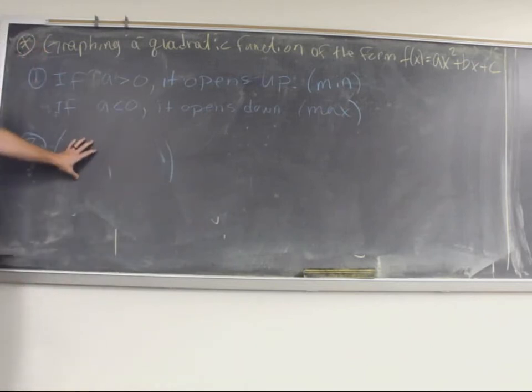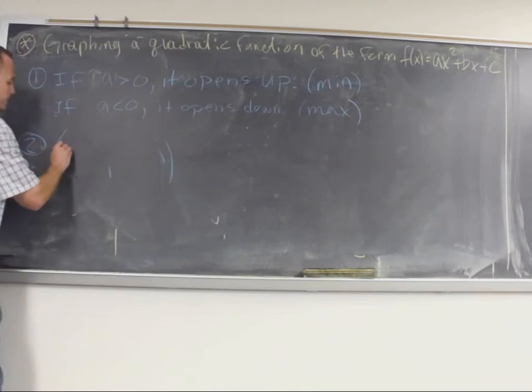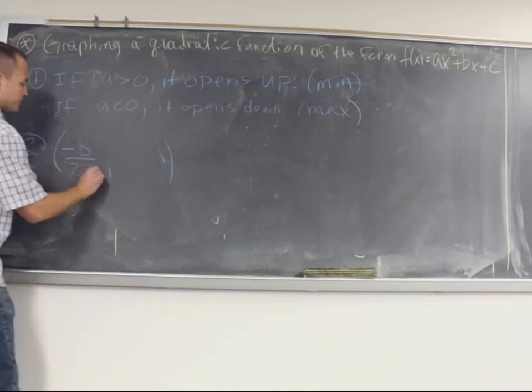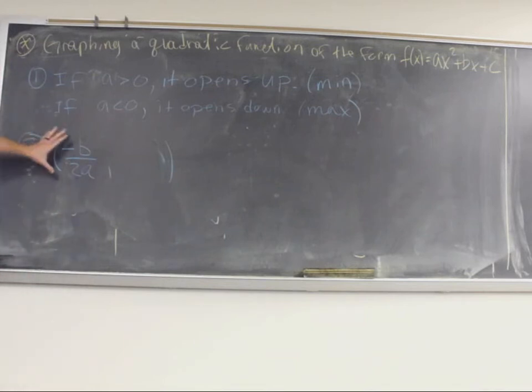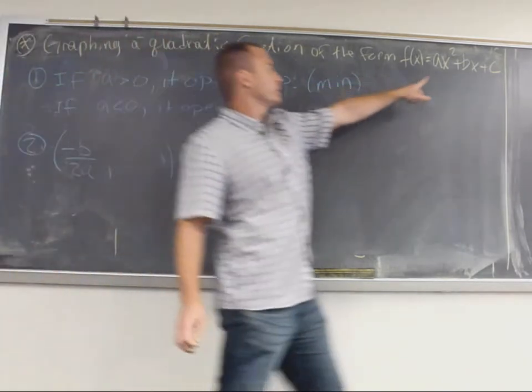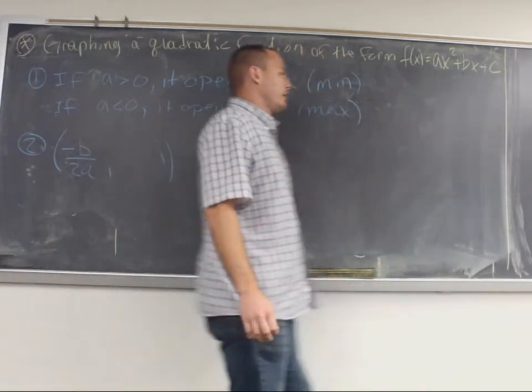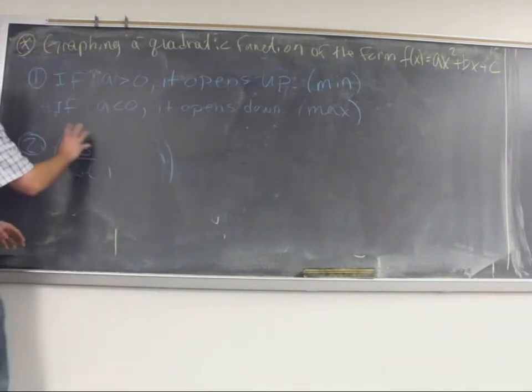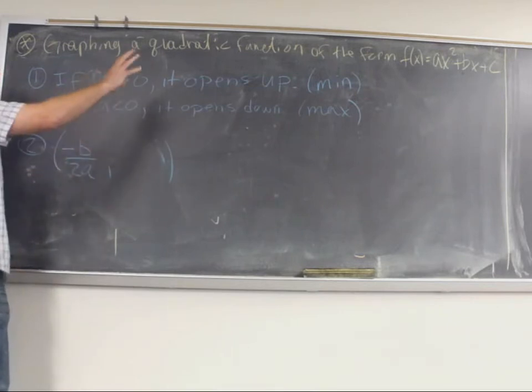To find the x value, we need to compute negative b divided by 2 times a. So all you do is plug numbers in here and then simplify. You plug in whatever b is, which is the coefficient of your x term, and then it's 2 times a, which is the coefficient of our x squared term. So we have our x value now from our function.